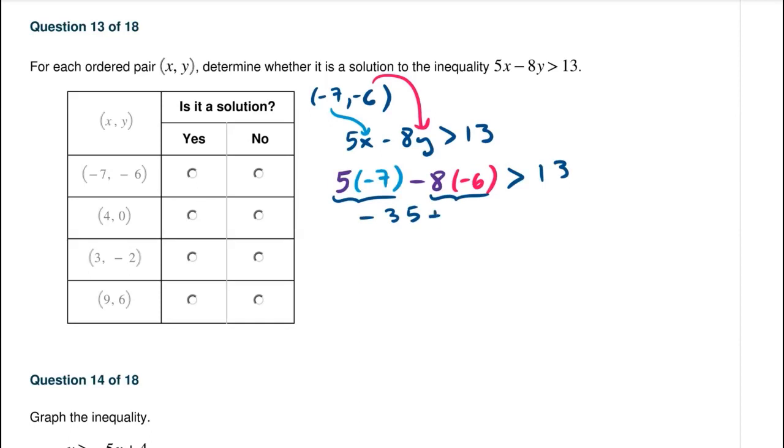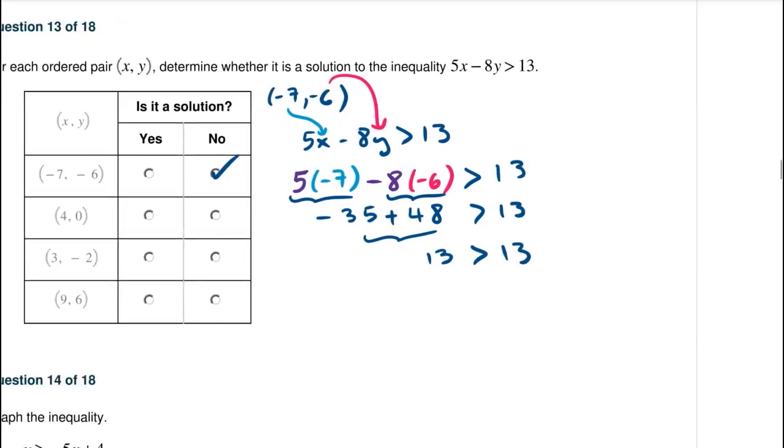Positive 48, greater than 13. Then we combine like terms, -35 plus 48. So we subtract them, that will give us 13, greater than 13. 13 is not greater than 13, so no, it's not a solution.